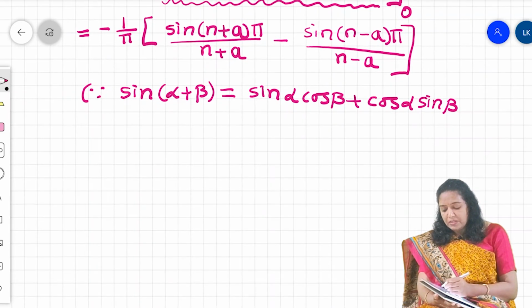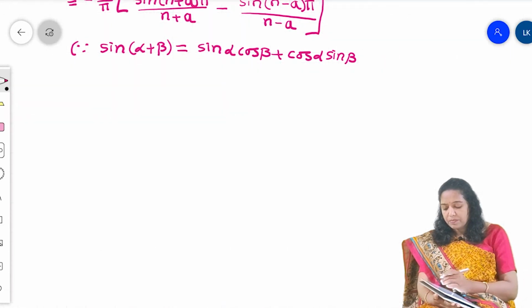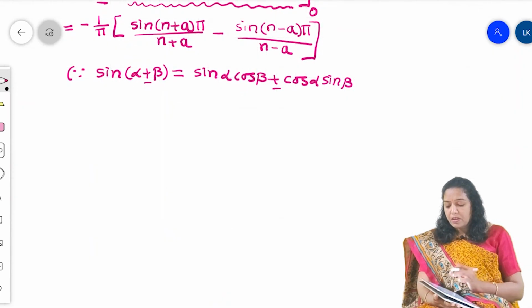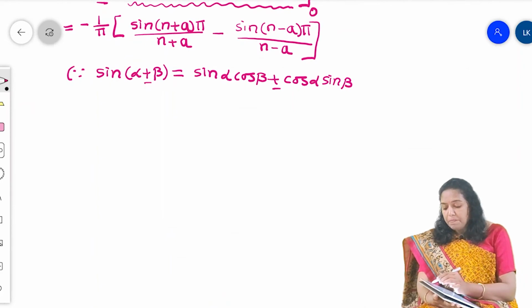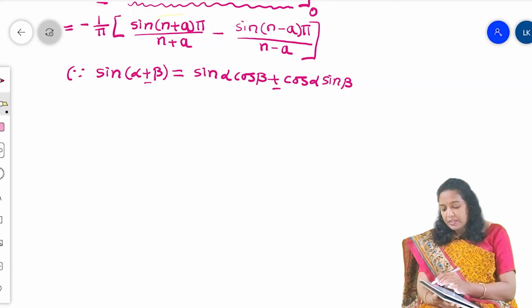If here there is minus, means sine of alpha minus beta, then replacing here plus by minus. Now n plus a into pi, that is n pi plus a pi.